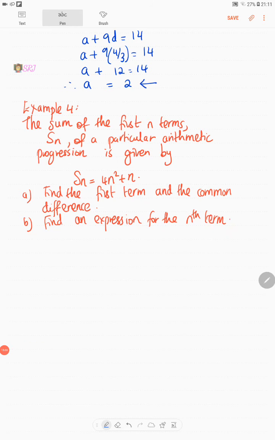We have a last example whereby we are going to use the rule I told you earlier, that is, the nth term can be obtained by taking the sum of the first n terms minus the sum of the first n minus 1 terms.